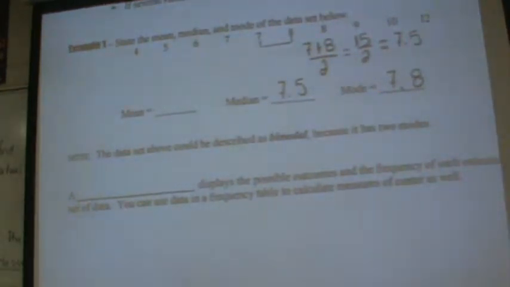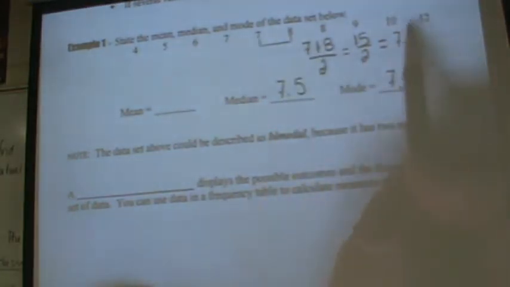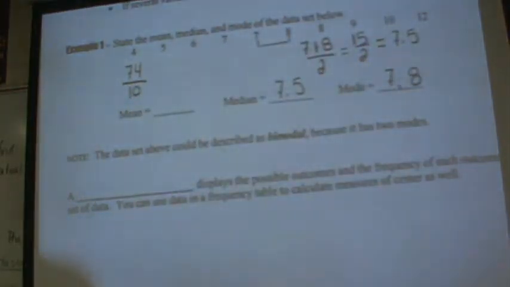Now, to find the mean, or the average, we're going to add up all of our data points and divide by our total number of data points, which we said we had 10. So when we add up all of these points, we get 76, I apologize, is our total. And then we have to divide by our total number of data points, which was 10.